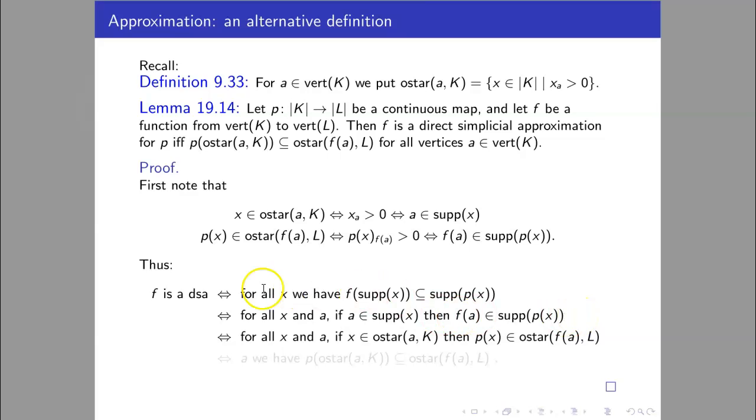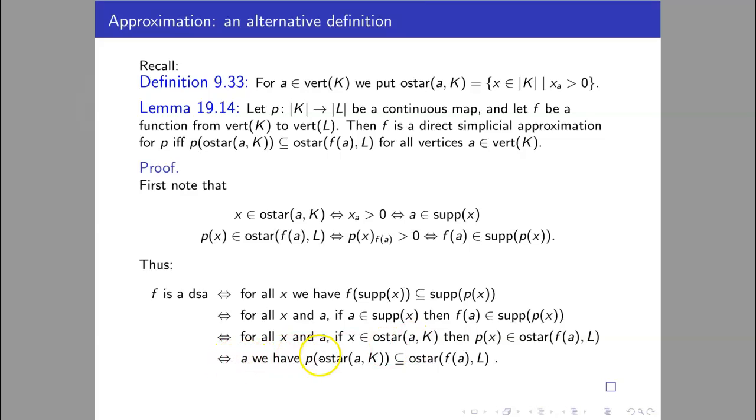Okay. But now we know that A in the support of x is equivalent to x being in the open star of A, and FA in the support of Px is the same as Px being in the open star of FA. So we can rewrite this condition like this. For all x and A, if x is in the open star of A, then Px is in the open star of FA. And then we can just change the notation there a little bit.